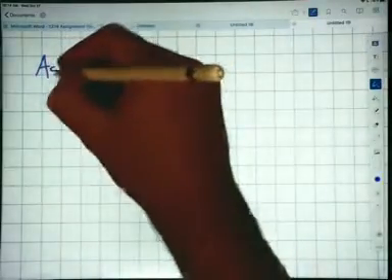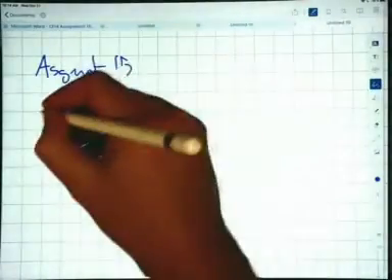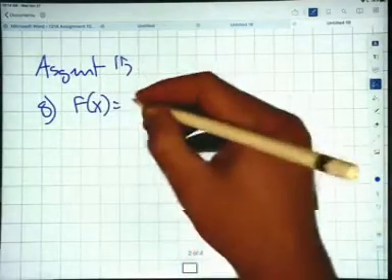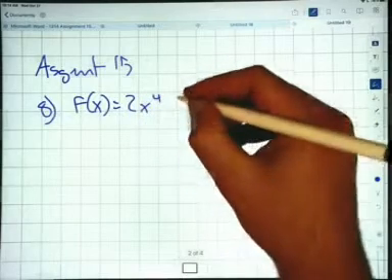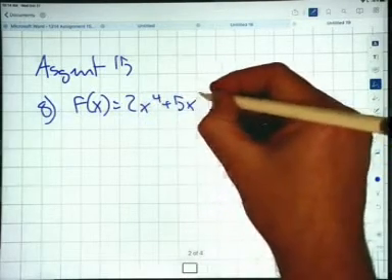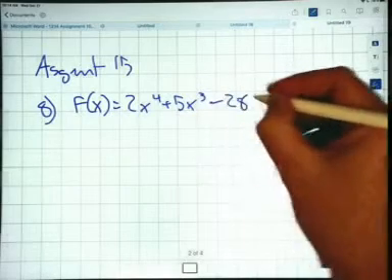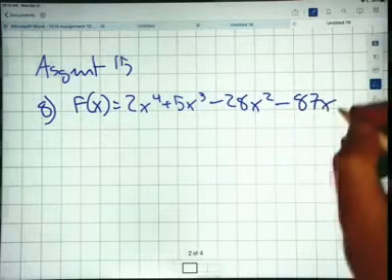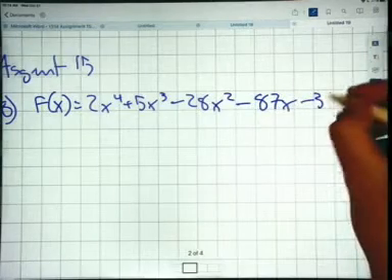All right. Let's see. Here we go. f of x is equal to 2x to the fourth plus 5x to the third minus 28x squared minus 87x minus 36, set equal to 0.